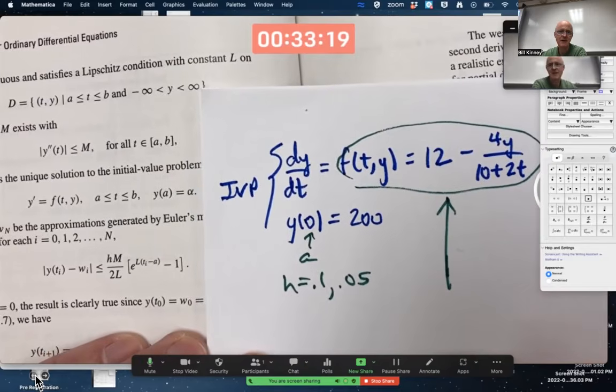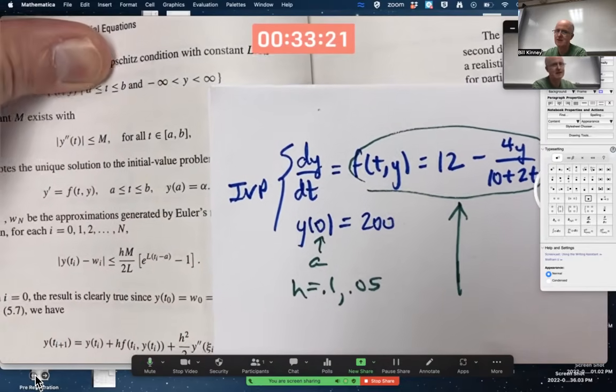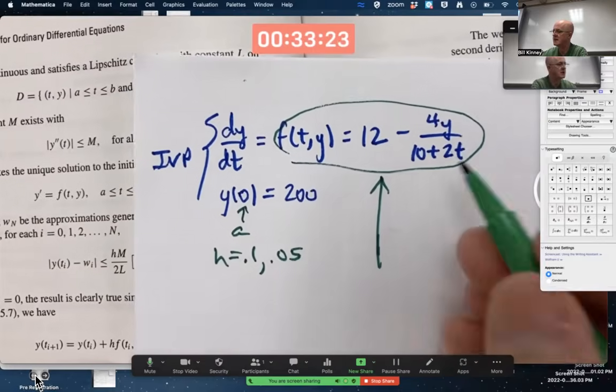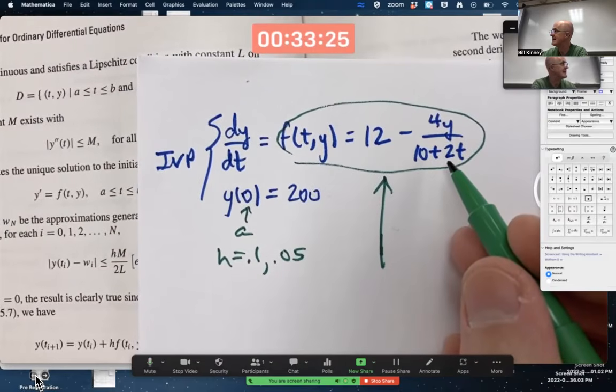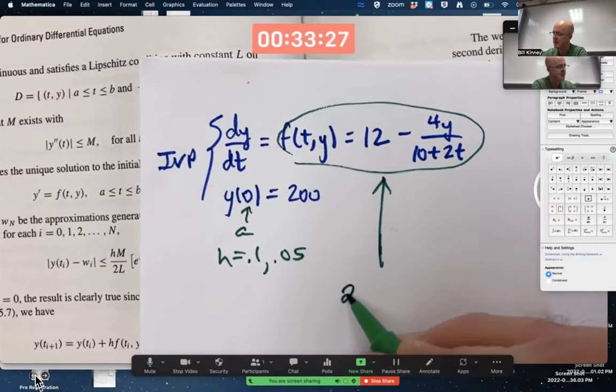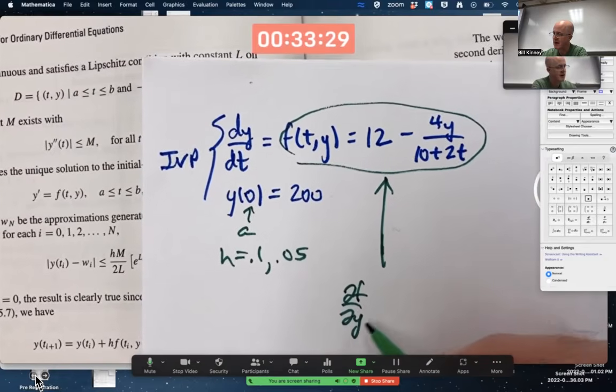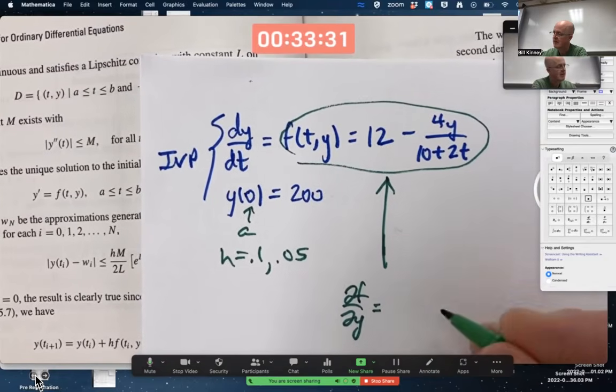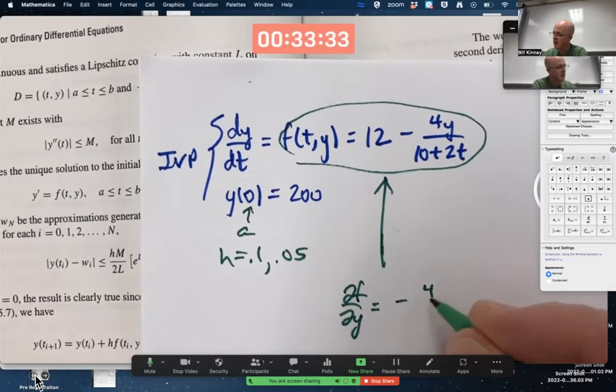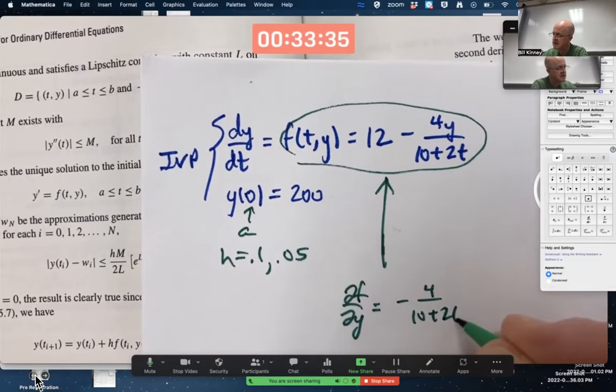There's my right-hand side function. What is L? L is a Lipschitz constant, which could be found by differentiating this with respect to y. The partial derivative of f with respect to y is going to be negative 4 over 10 plus 2t.